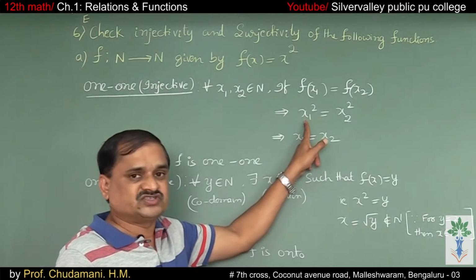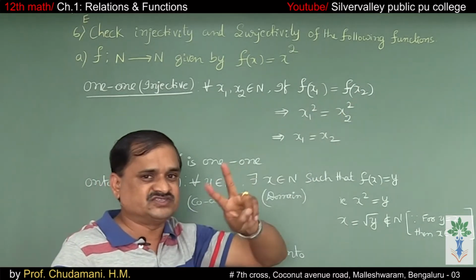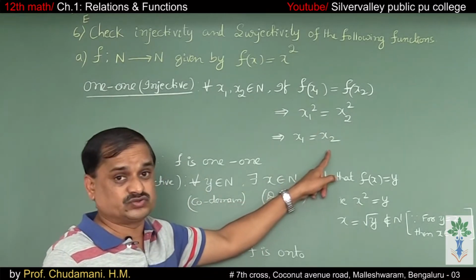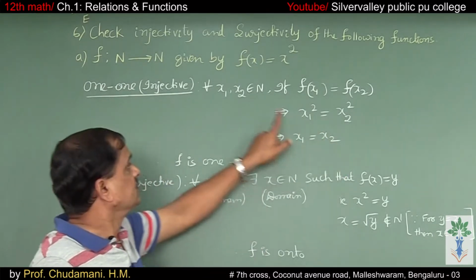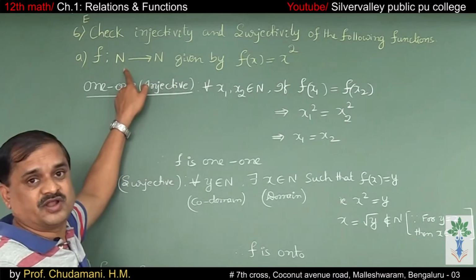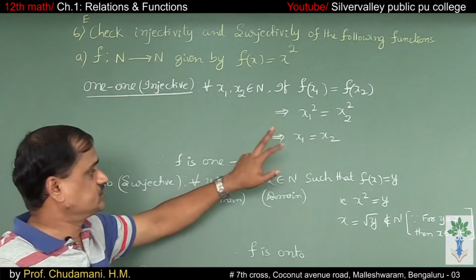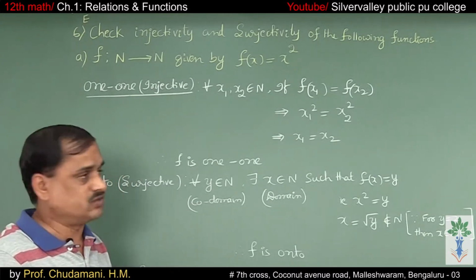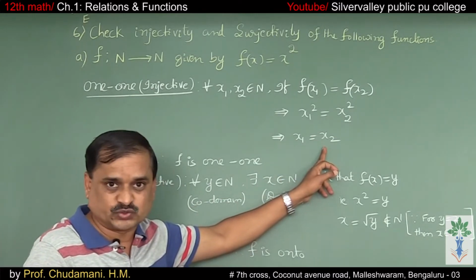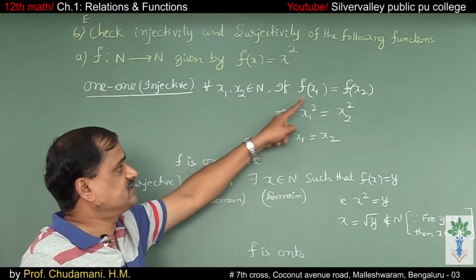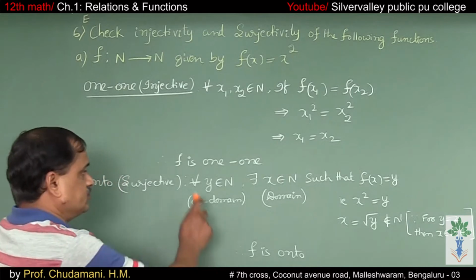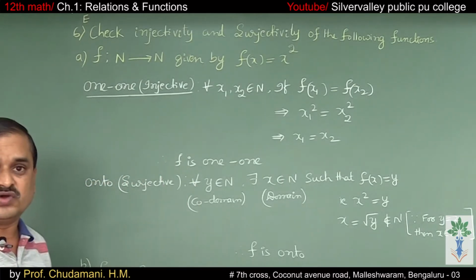Of course, as it is a quadratic equation, it has two roots, plus or minus x2. But minus x2 does not belong to natural numbers at all. So that's why x1 is equal to x2. You can't take minus x2. So f of x1 equals f of x2 implies x1 is equal to x2. Therefore, f is a one-one function.